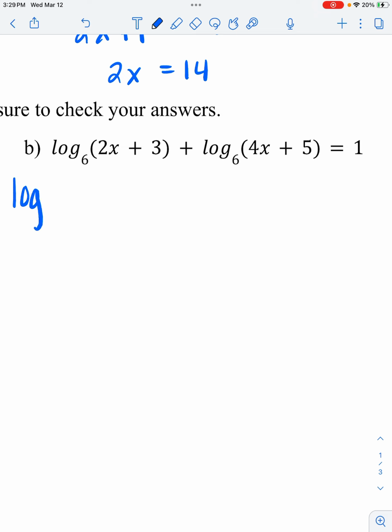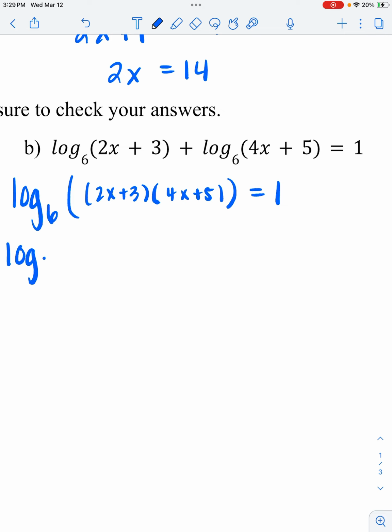Okay, it's addition. I have to multiply. Logs base 6. If I multiply 2x plus 3 times 4x plus 5, that's going to be 1. You have to remember how to multiply that. Some people FOIL it, some people use the box. But either way, you have to know how to multiply this.